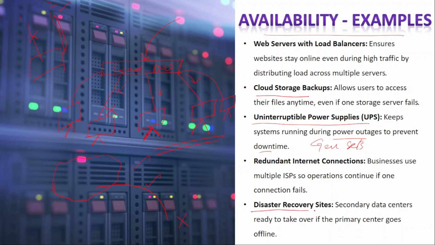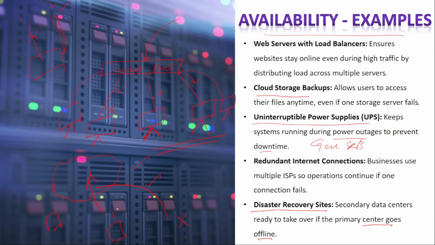Similarly, disaster recovery sites. Secondary data centers are ready to take over if the primary center goes offline. So let's suppose you have a data center here. You can have a secondary data center either inside the cloud, or you can also have a secondary data center in another city.